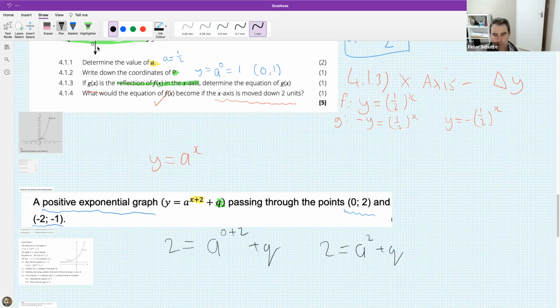The problem with that is I have two unknowns, an a and a q, and they're both unknown. So even though the last one was a good step, now it gets me nowhere. So what I have to do is reverse and try and use that other point.